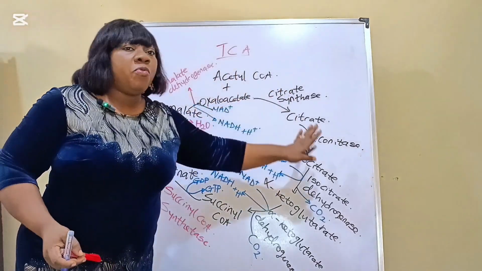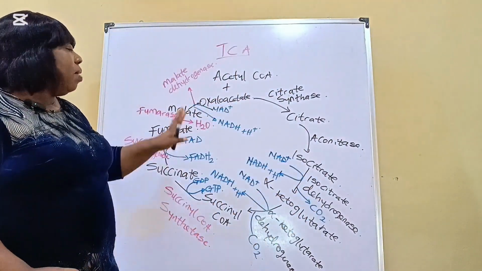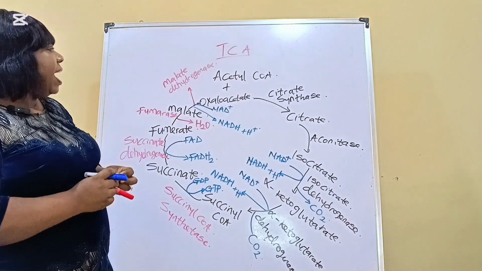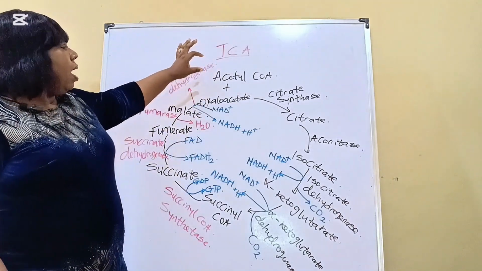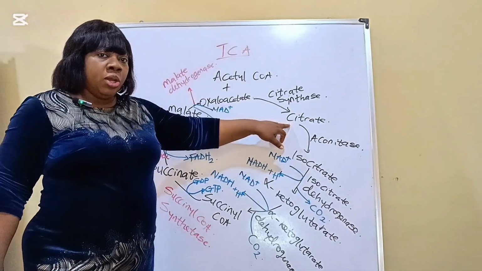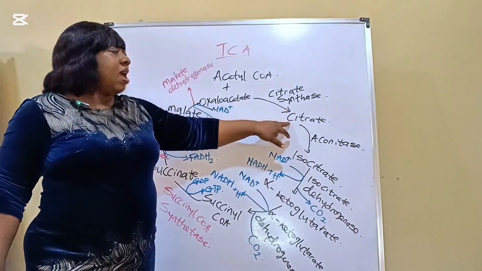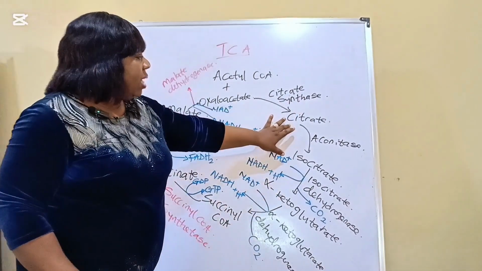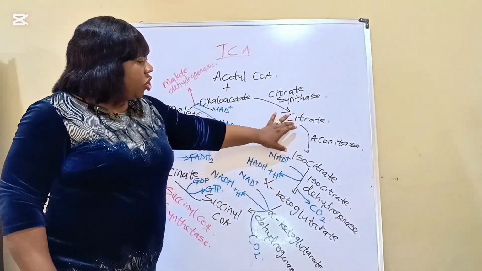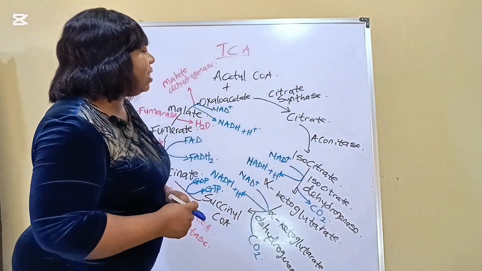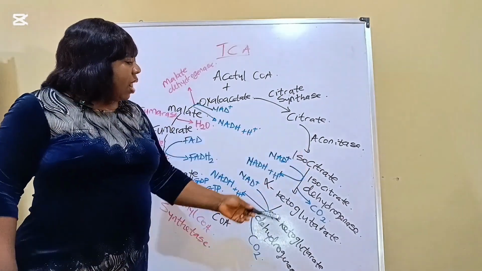Now let's have a broad overview of this metabolic pathway. We said acetyl CoA reacts with oxaloacetate to give us citrate, and the enzyme that catalyzes that reaction is citrate synthase. Now citrate will give us isocitrate, with the help of the enzyme aconitase.